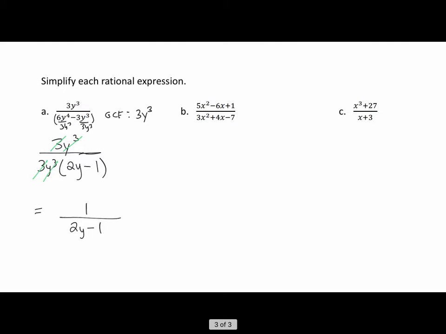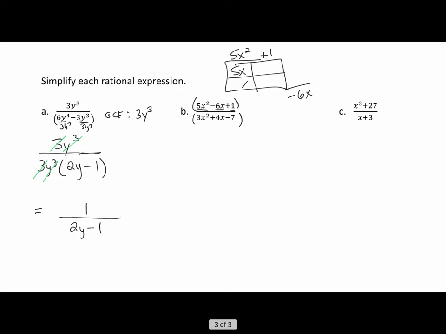Okay. Then our next example, B, we have 3 terms in the numerator and 3 terms in the denominator. So I'm going to have to factor both of those. So let me start with the numerator. Is there a common factor for all of these terms? No. It's a trinomial, so that means we're going to have to unfoil this. So factors of the first term and the last term, such that the sum of the products of those factors is the middle term.